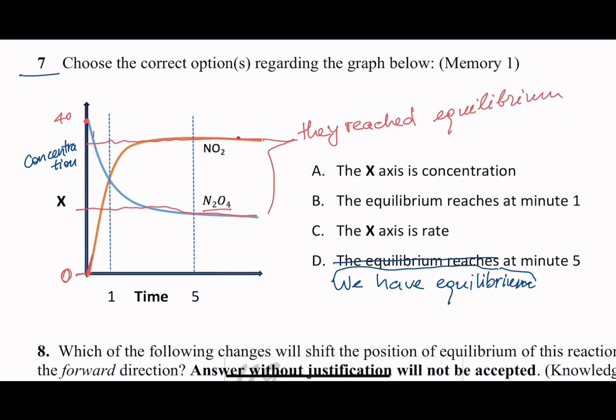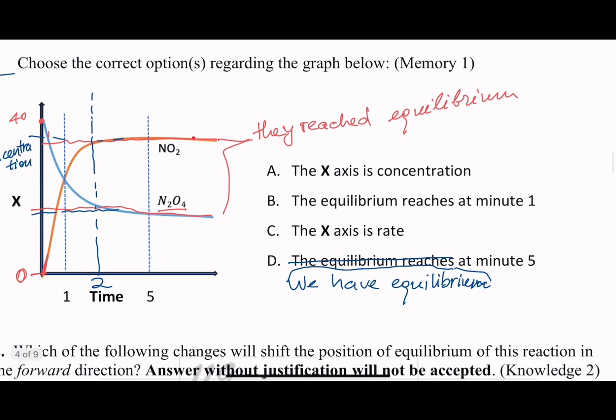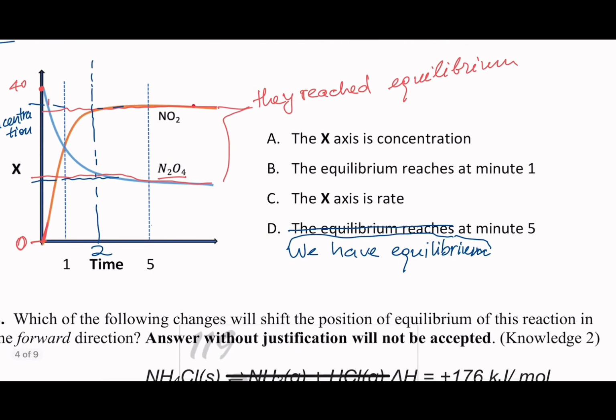But where did they reach equilibrium? If you look at here, the equilibrium is reached somewhere along here. At this point, it's no longer changing, which is approximately minute 2. Okay? So they reached equilibrium at minute 2.